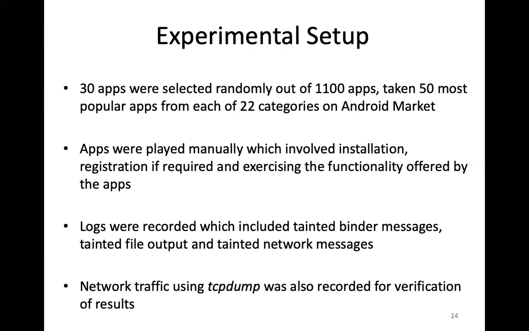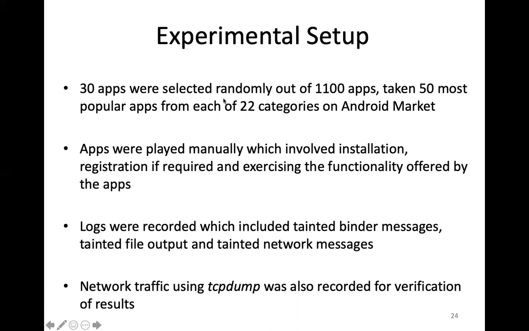All right, so we'll very briefly look at the experimental setup. At the time that they did the paper, the app stores were not very big. Out of 1,100 apps that they took from the store at that point, 30 apps were taken, and they carried out experiments. These days, it's routine to see papers that perform studies on 100,000 apps or more.